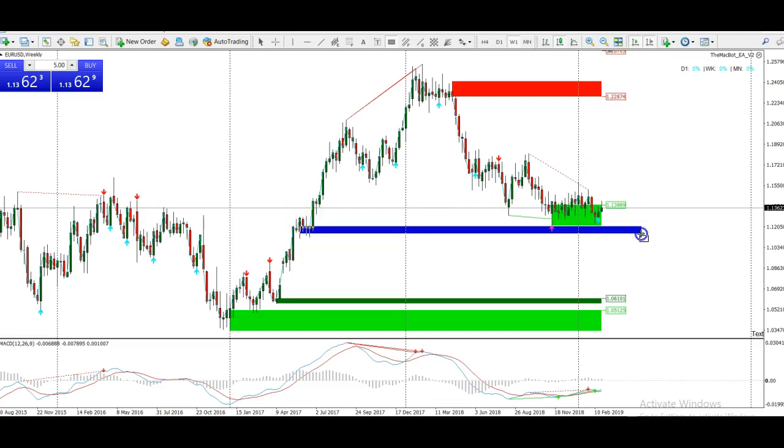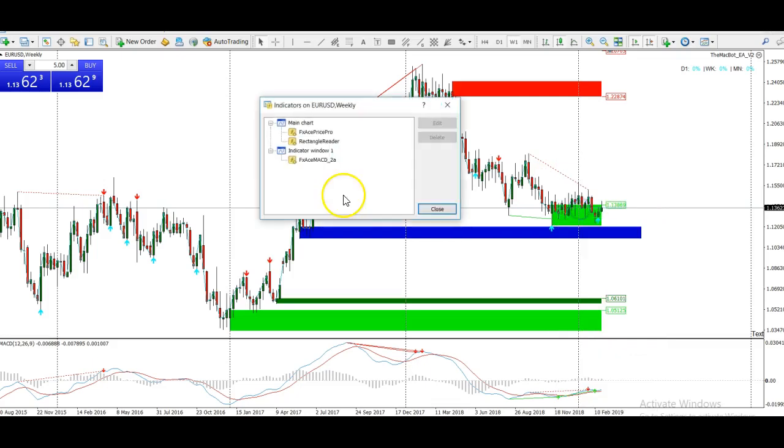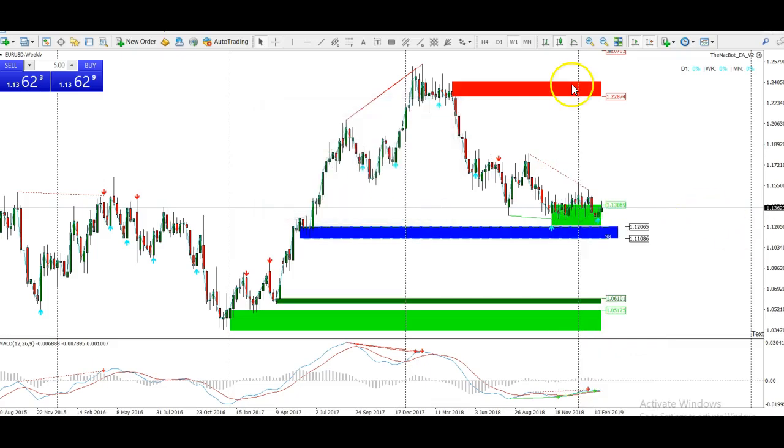Just been moving sideways. I do call this accumulation, getting ready for a buy. So the market's just moving sideways after a drop in price. So we're in a period of accumulation, and could be getting ready for a buy, but at the minute it's good to sell around 114, and buy around the 112 or 113 areas.